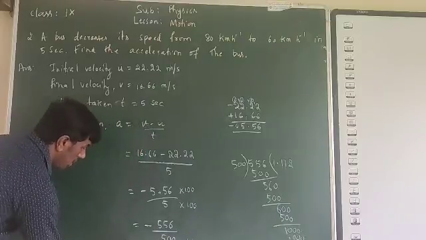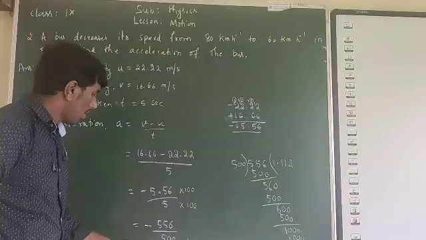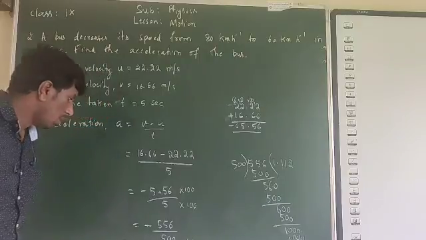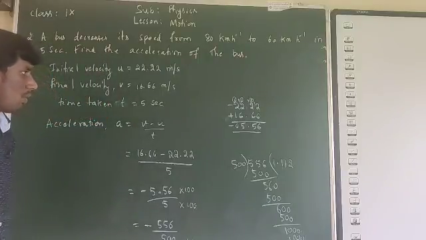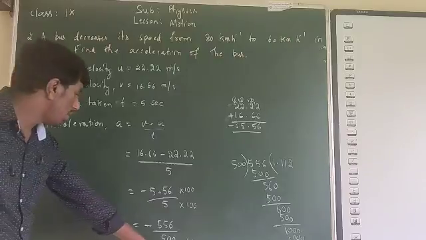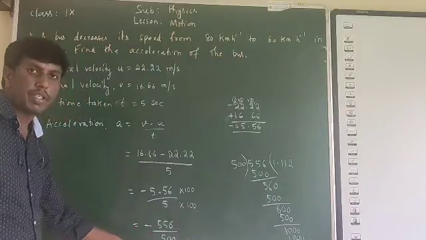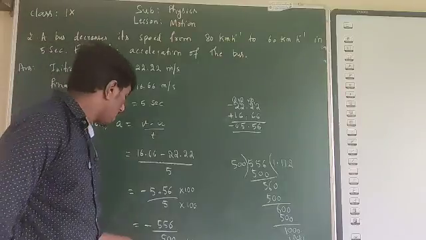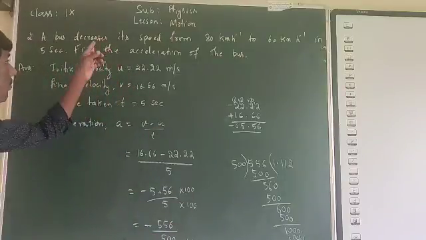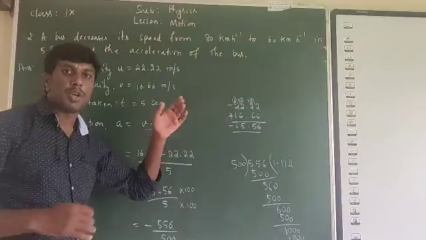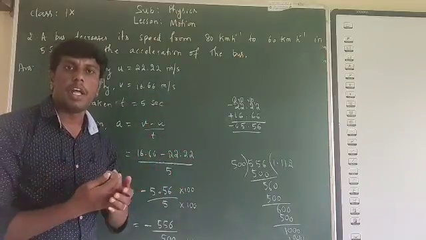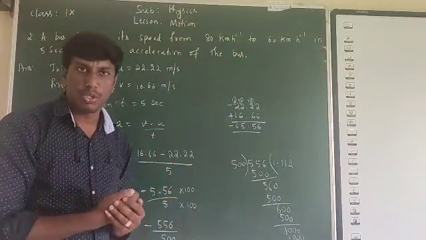This is the acceleration. Acceleration is minus 1.112 meter per second square. This is the unit of acceleration. So it is minus. Why is it minus? This minus indicates that the acceleration is in the opposite direction of the motion.